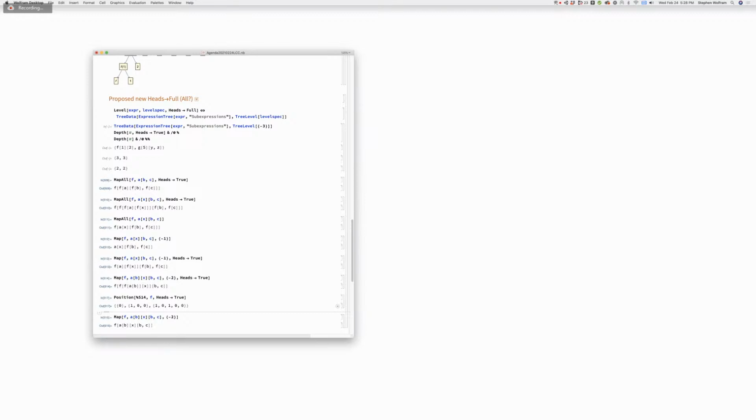Because A of B and A of B of X both have depth 2 with heads goes to false. Really? Why do they have depth 2? You don't consider the depth of the head. Okay. They're both head with one level of arguments. Oh boy. Okay. Right. This is why this only applies to negative level specs.